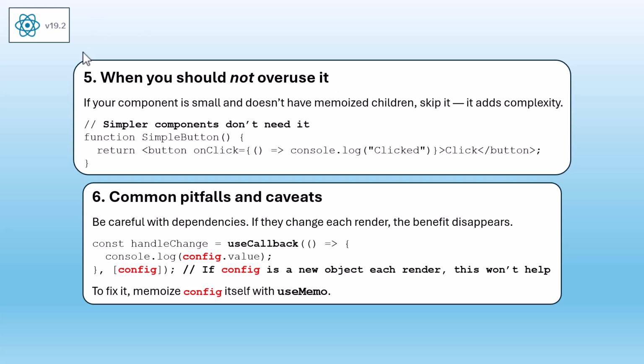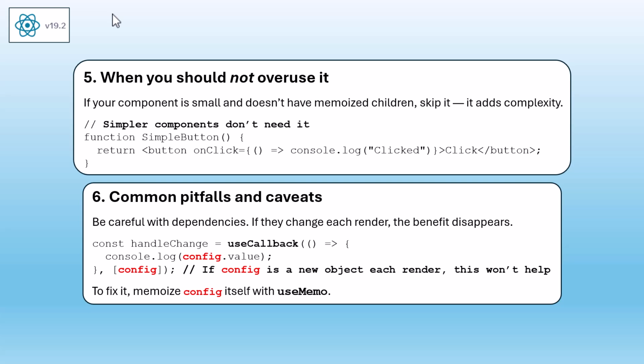5. When you should not overuse it. It's important to recognize that you don't always need useCallback. If your component is simple, the children are light, you don't pass functions into memoized children or effects, then you may introduce complexity without material benefit.